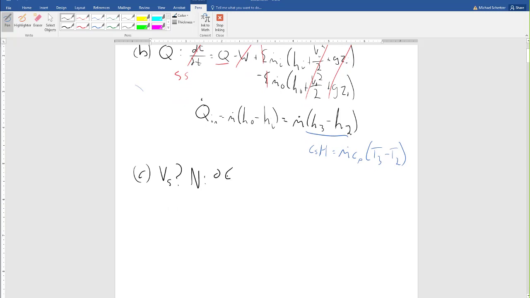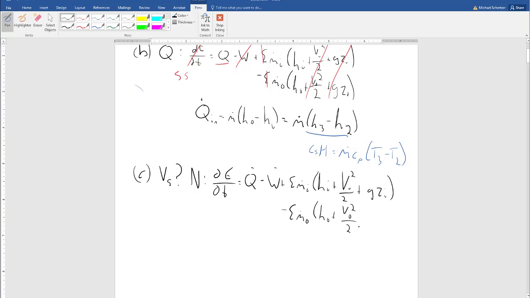dE/dt is equal to Q dot minus W dot plus the sum of m dot in, h in plus V in squared over 2 plus g z in, minus the sum of m dot out, h out plus V out squared over 2 plus g z out.